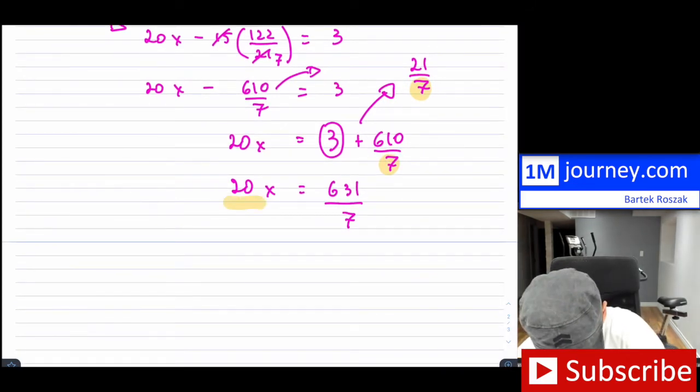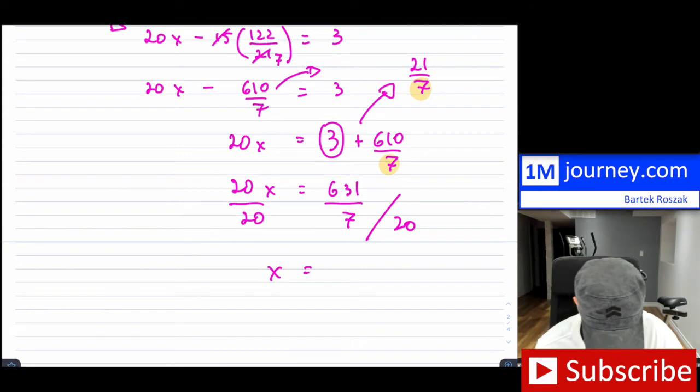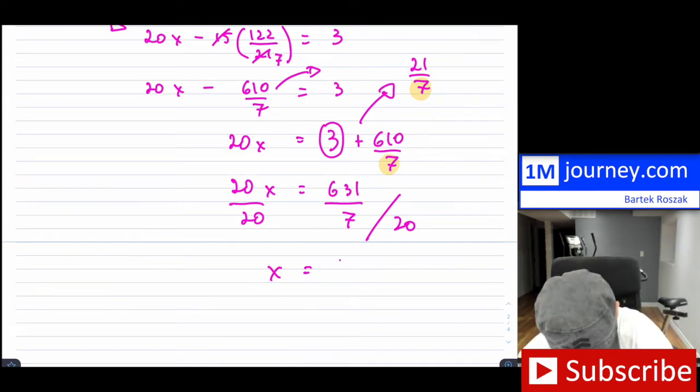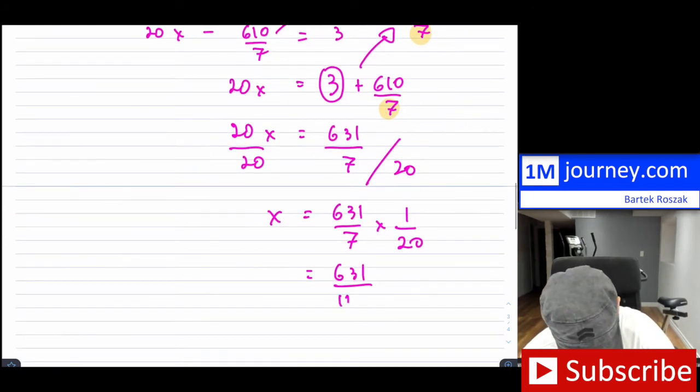And then finally divide by 20. So we can divide both sides by 20. So x equals 631 over 7 divided by 20. So that's multiplication by the reciprocal. And you get 631 all over 140.